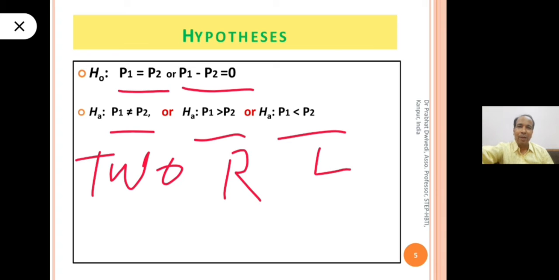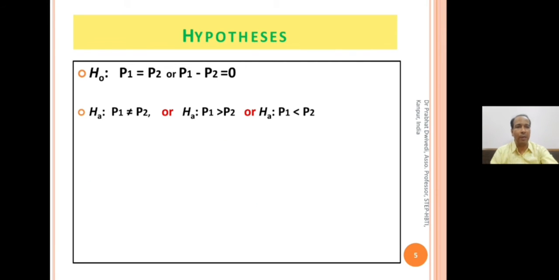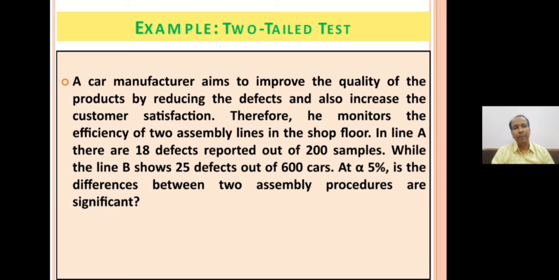Now let's see how we will work out a problem related to the Z-test for two proportions. The problem is like this: a car manufacturer aims to improve the quality of products by reducing the defects and also increase the customer satisfaction. Therefore, he monitors the efficiency of two assembly lines in the shop floor.